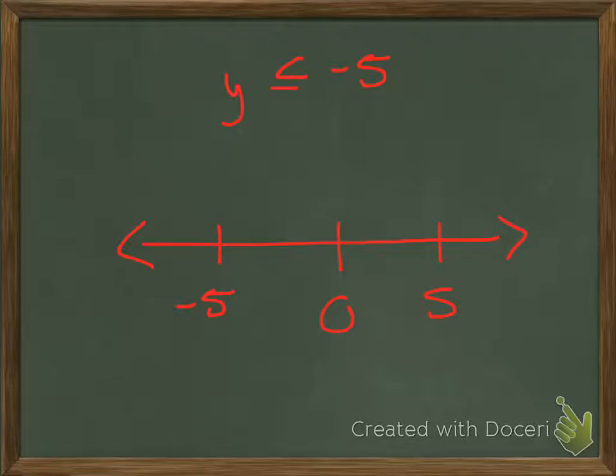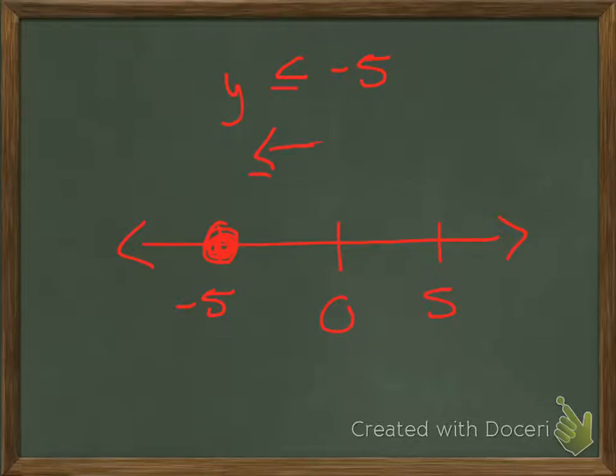So now since I have negative 5 as a part of my problem, I'm going to put a closed circle on the negative 5 because I have that line underneath my inequality. So this is a less than or equal to sign. Everything below negative 5, based off of my inequality sign, is pointing to the left, and when I say that it's pointing to the left, I mean that looks like my arrow there.